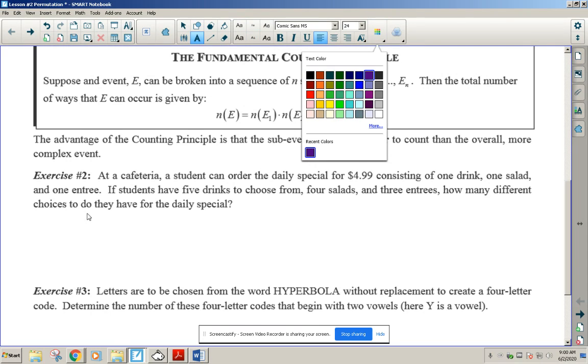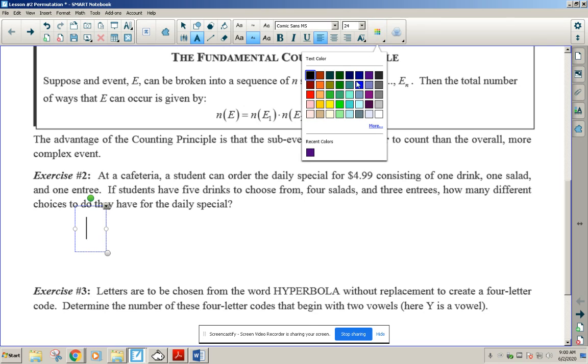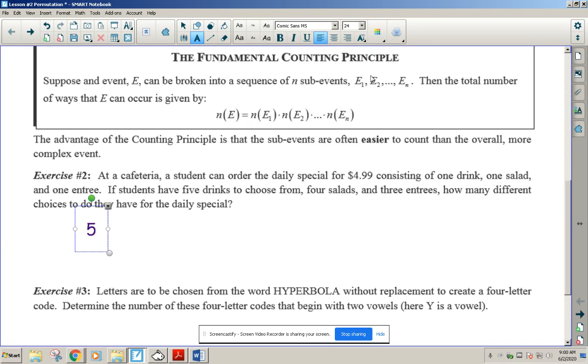All right. So in the cafeteria, you can order a daily special consisting of a drink, a salad, and an entree. Now, the students have 5 drinks to choose from. So we have 5 drinks. And then we have 4 salads.